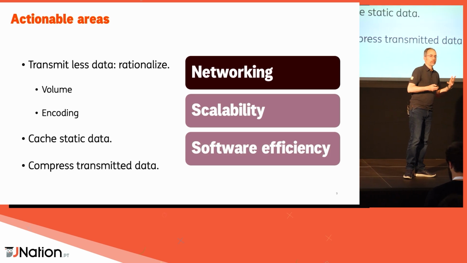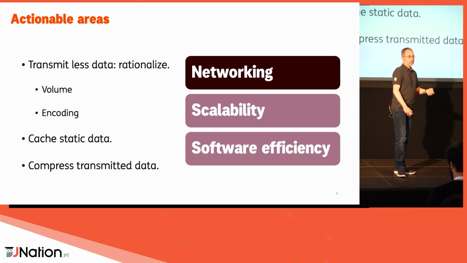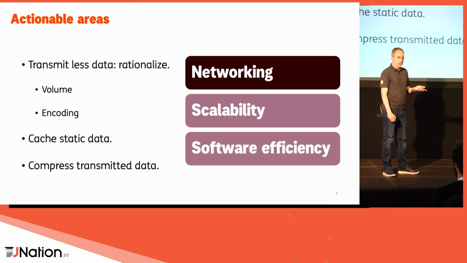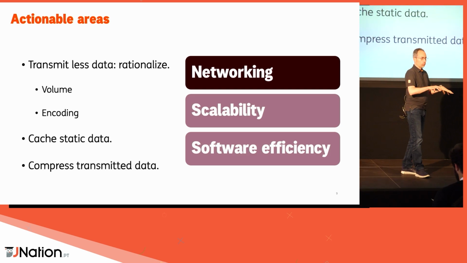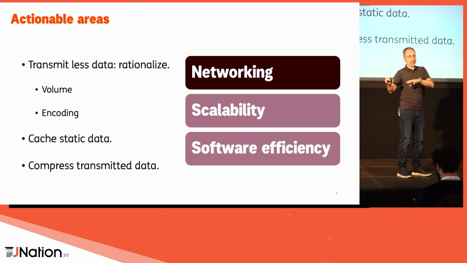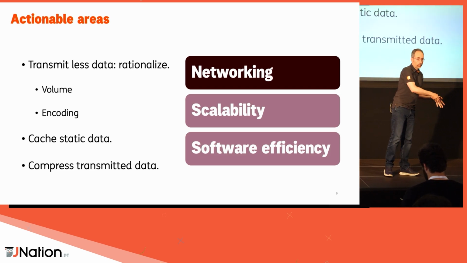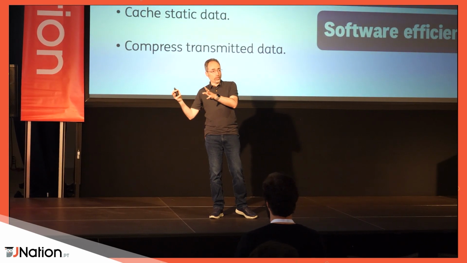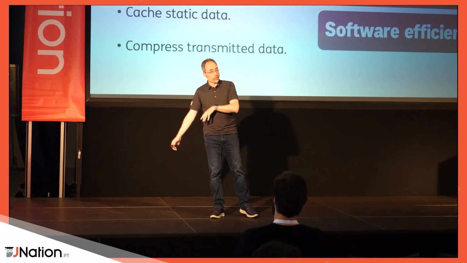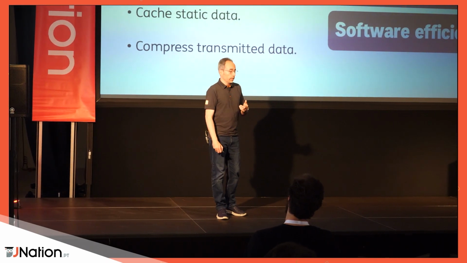When it comes to networking, there are easy gains. And some of this stuff is already being done every day automatically, for example, compressing payloads. We can also make a conscious choice to choose more efficient transport protocols. So if you are using XML just because you like it, then probably you could take a pill and change to JSON, or even go gRPC if you don't need to understand what's going on the wire.